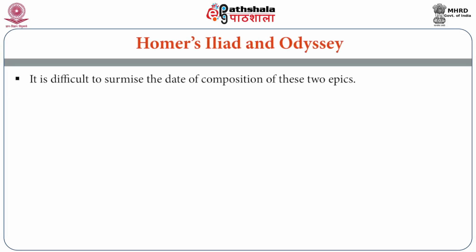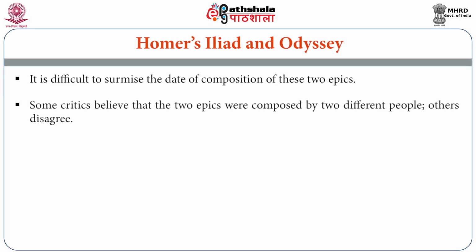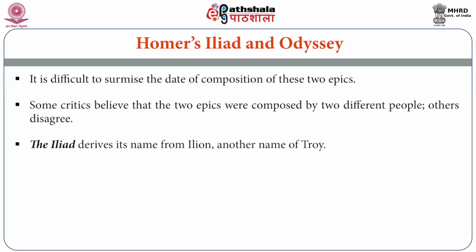It is difficult to summarize the date of composition of these two great epics. Some critics believe that the two epics were composed by two different people. Some disagree. The Iliad derives its name from Ilion, another name of Troy. It is divided into 24 books.